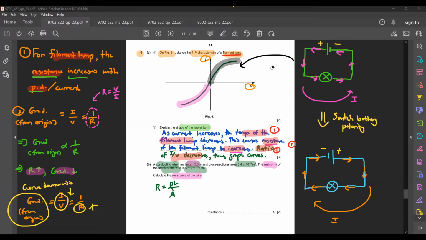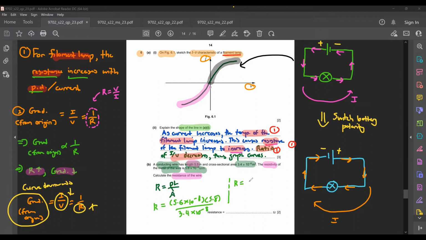In my case, it would be R equals 5.6 times 10 power minus 8 times the length of 5.8 divided by the cross-sectional area of 3.4 times 10 power minus 8. Okay, so from here, your R will be 5.6 times 10 power minus 8 times 5.8 divided by 3.4 divided by 10 power minus 8.